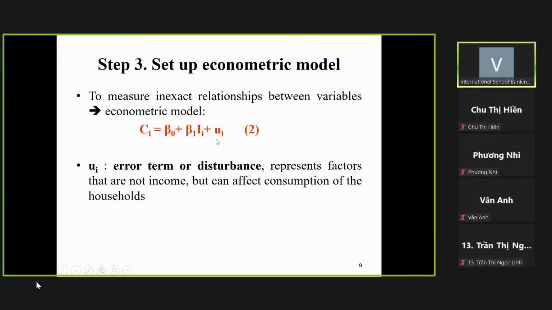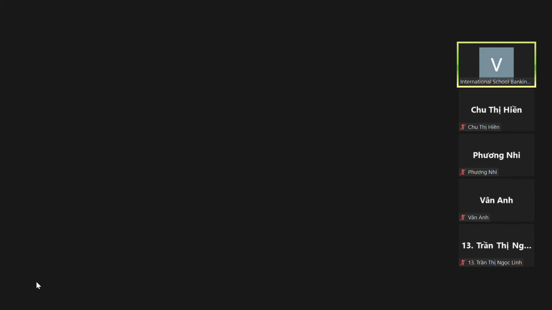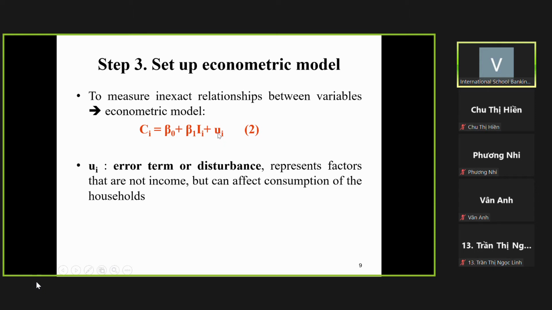Later on, when we study, we will see that there are many assumptions for the factor U, so that when we estimate or calculate the values of beta 0 and beta 1, we already consider the existence of those factors.